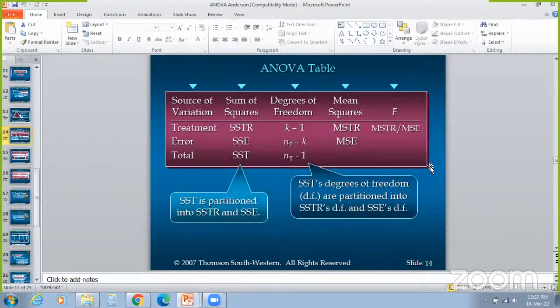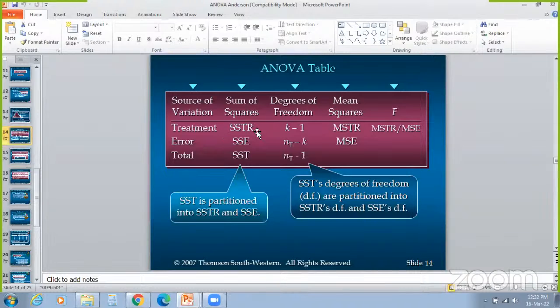This is the analysis of variance table. I have told you that any variation in any variable is due to two things: one is treatment, the other is error. Treatment means between, and error means within. If you take the total of these two, that gives you the total variation.